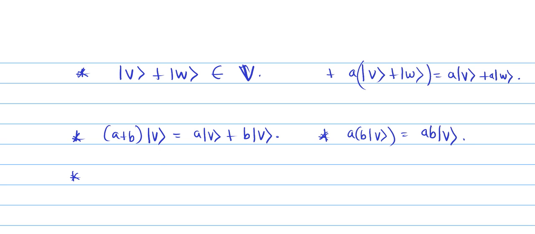Fifth rule is addition is commutative. That means the order of the addition will not matter in the vector sum. Addition is associative.